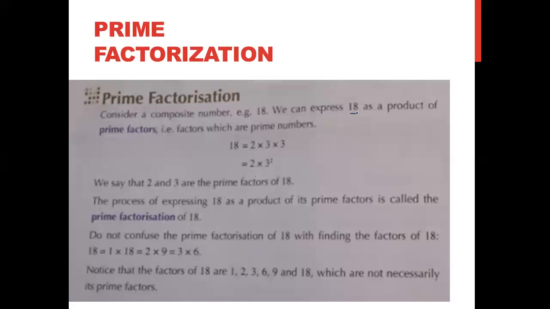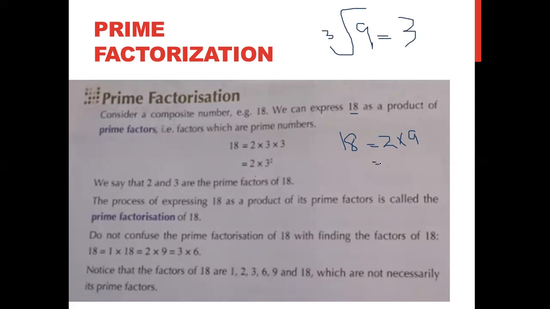Like suppose 18's factors are 2 multiplied by 9. Can 9 be divided by some number to become a prime number? Yes. 9 divided by 3 is equal to 3, and that is a prime number.